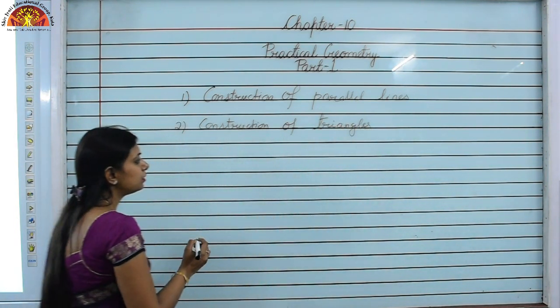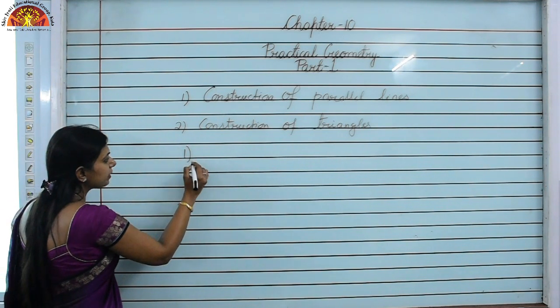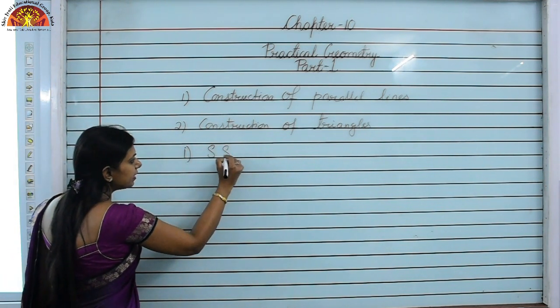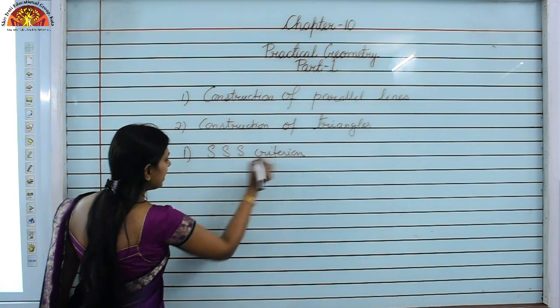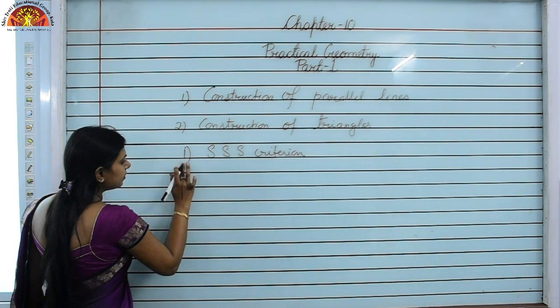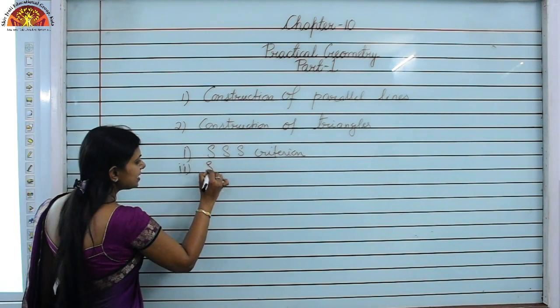In this part, we will refer to the construction of triangle using SSS criterion and SAS criterion.